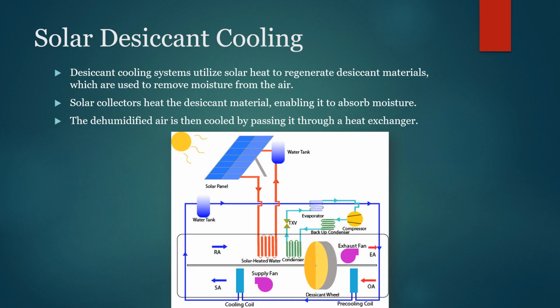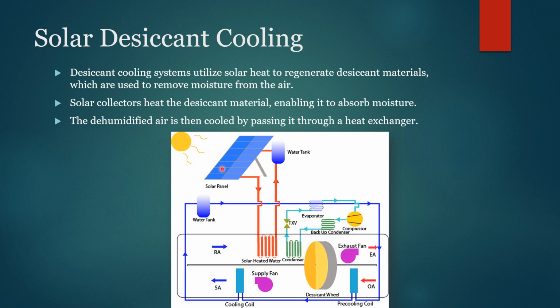And the third one is solar desiccant cooling. Desiccant cooling systems utilize solar heat to regenerate desiccant materials, which are used to remove moisture from the air. Solar collectors heat the desiccant material, enabling it to absorb the moisture. The dehumidified air is then cooled by passing it through a heat exchanger.